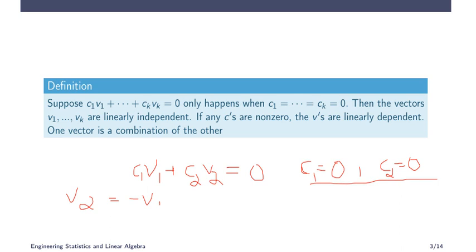If you substitute here, c1 v1 + c2 times minus v1 = 0, which says that c1 = c2. So if you substitute c1 = 1, c2 = 1, then it will be 0. If you substitute c1 = 2, c2 = 2, then also it is 0. So except c1 = 0, c2 = 0, you have other solutions also, right?